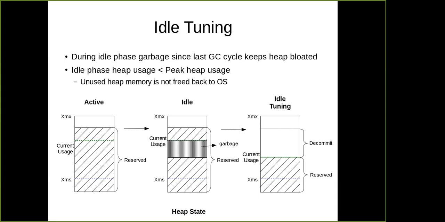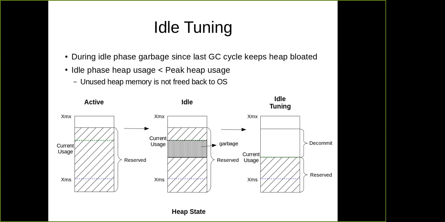They were used during the transactions earlier, but are no longer live. So there is a certain section of the heap which has turned into garbage, but the JVM is not collecting that memory because it doesn't have any memory pressure to run a GC cycle. So that garbage sits in your heap and keeps your memory footprint bloated.